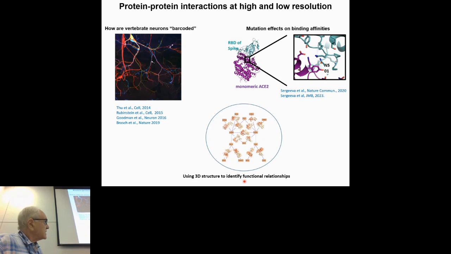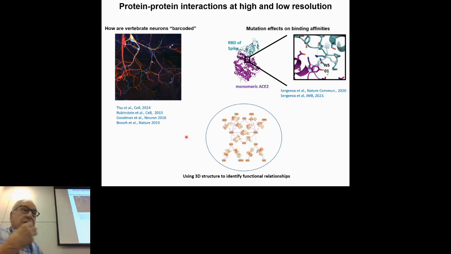The mouse, okay. So I work on protein-protein interactions in very different settings. On the upper left, it represents a major interest of my lab, which is understanding the role of adhesion proteins in the development of the nervous system.